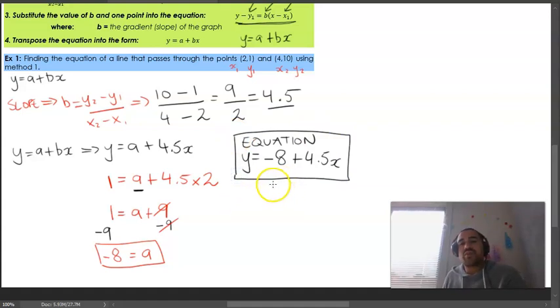And this is what we do for method 1. Now, at this point, you can technically get your calculator out and use the solve function in order to answer this for a, and it will automatically spit out a is equal to minus 8, and we can just go straight ahead and put that into the equation.